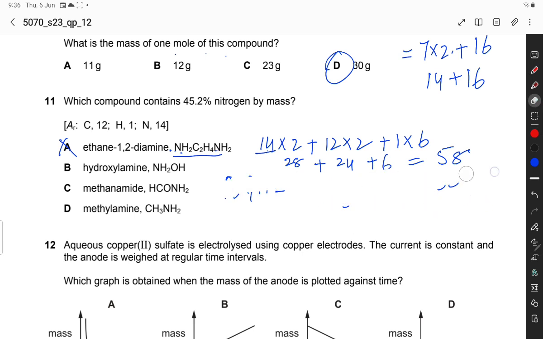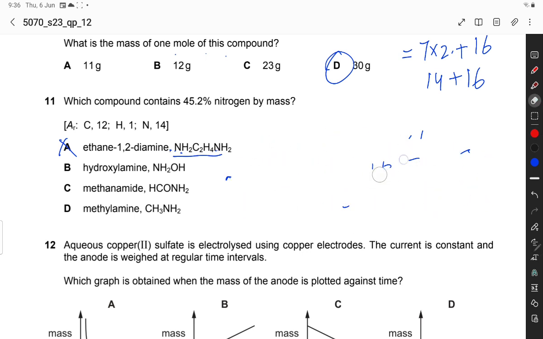Now similarly, next Mr is nitrogen 14 plus 3 plus 16, 17 plus 16 is equal to 33.